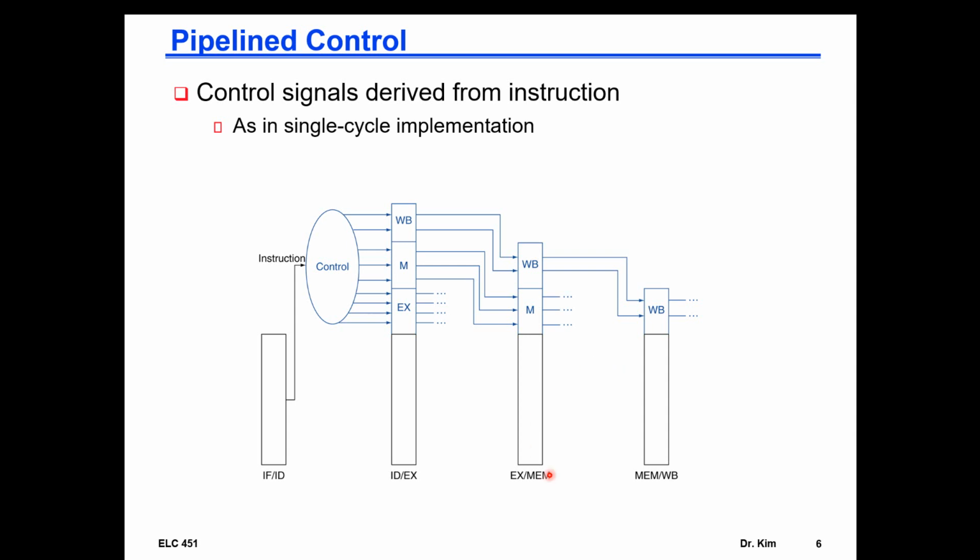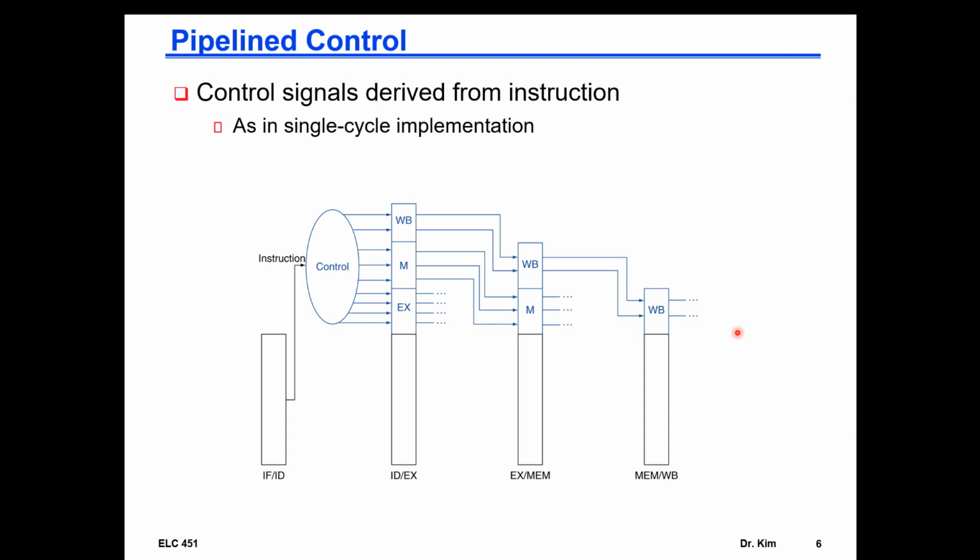They're not used beyond that, so we don't need to keep sending them. We just need to send the write back and the memory stage signals. And here in the memory stage, these ones get used, and that's where they end. And then we only send down the write back signals and so on.